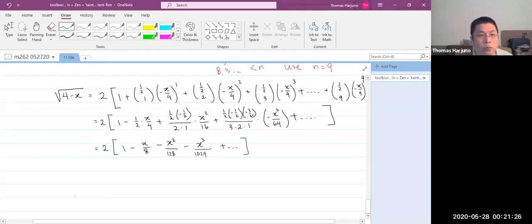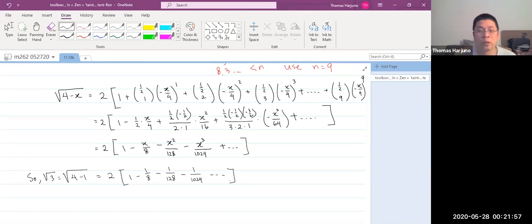Okay, so the square root of 3 is equal to the square root of 4 minus 1. It's basically replacing the x by 1. So far I did up to the third term only. Let's see if I use my calculator.